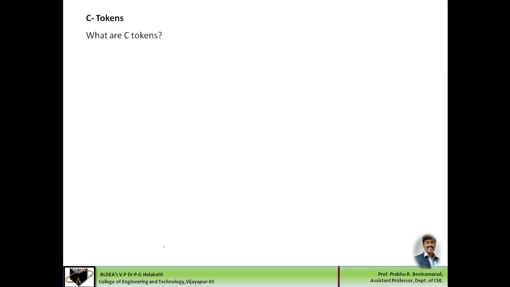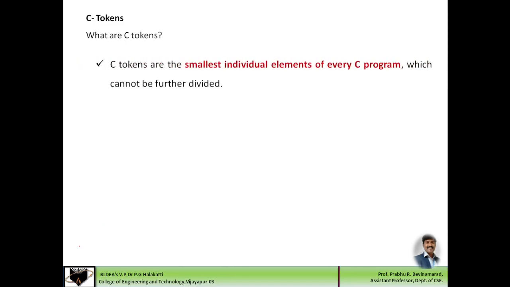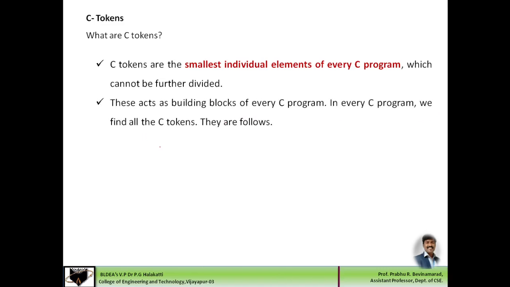What are C tokens? C tokens are the smallest individual elements of the C program which cannot be further divided. They act as the building blocks of every C program. In every C program we can find all the C tokens.